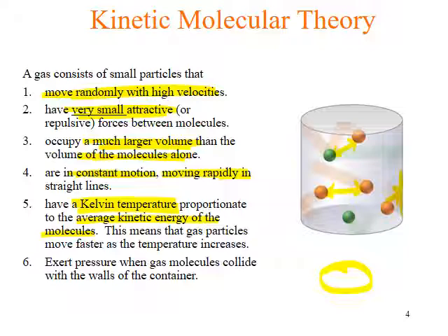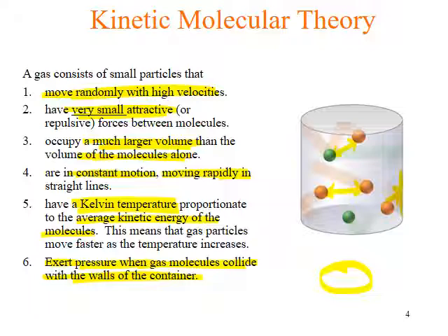So every gas exerts some pressure when the molecules collide with the wall of the container. And those are basically all the properties or behavior given by this model of kinetic molecular theory.